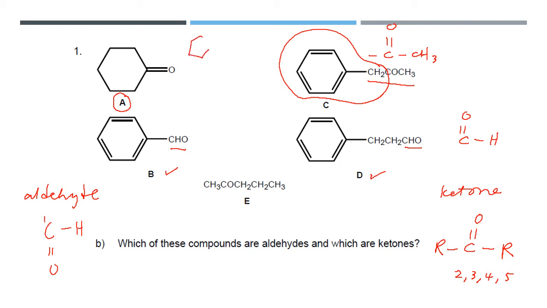Benzyl is having CH2, but phenyl is just like that. You have to know the difference between the two. Another ketone would be this one. Okay, this is a ketone. There are 3 ketones and 2 aldehydes in this question.